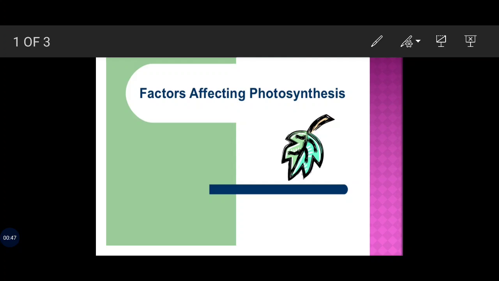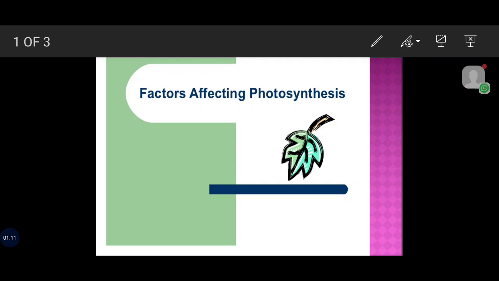Okay, that means photosynthesis is influenced by certain factors like temperature, which is controlled by the light exposure. Then chlorophyll, carbon dioxide and the availability of water.